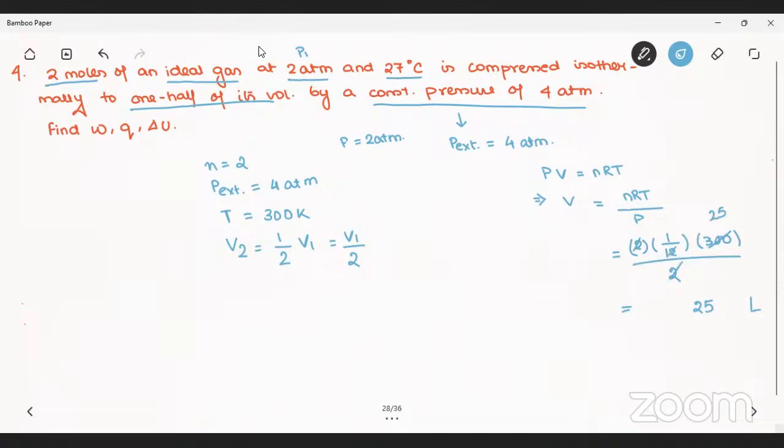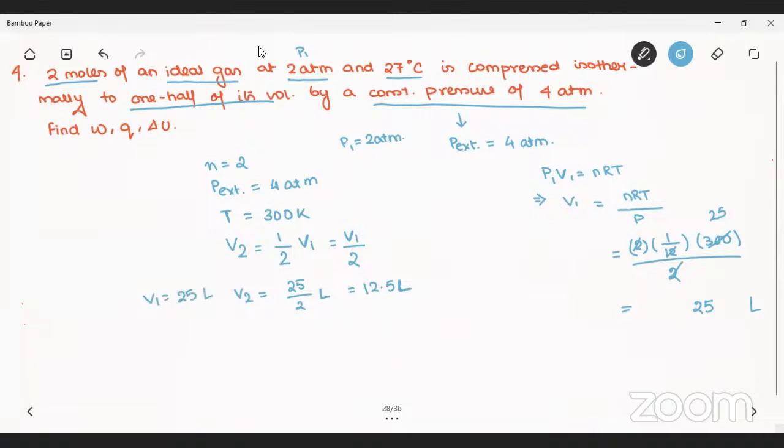So 25 liters. This is V1. So our V2 will be how much? 25 by 2, which is 12.5. And our V1 is 25 liters.